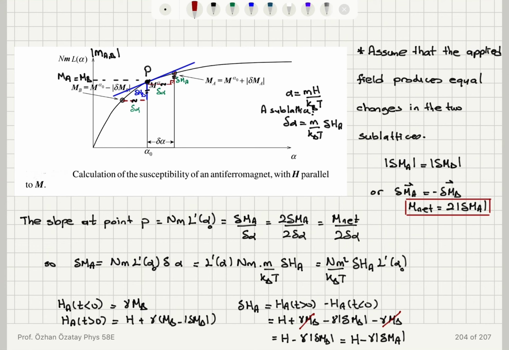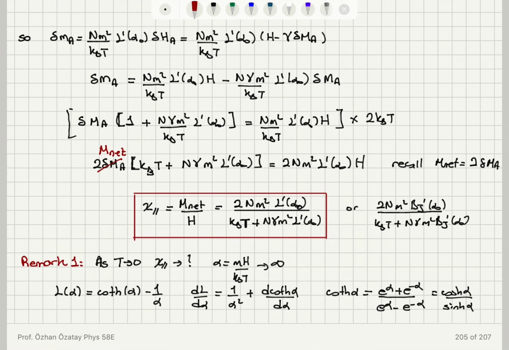And we use the fact that alpha is mH over kBT and delta alpha is m over kBT delta Ha for the A sublattice, and then we calculate how much is the additional field we're applying on the A sublattice, which is H minus gamma delta Ma. We calculate the longitudinal susceptibility in terms of the derivative of the Langevin function at alpha 0.